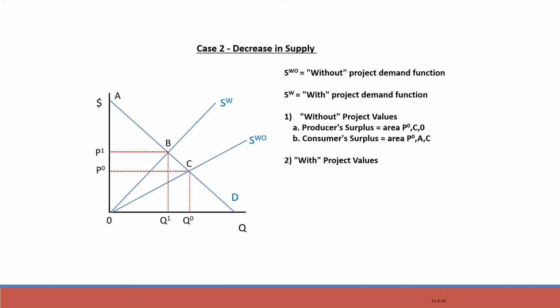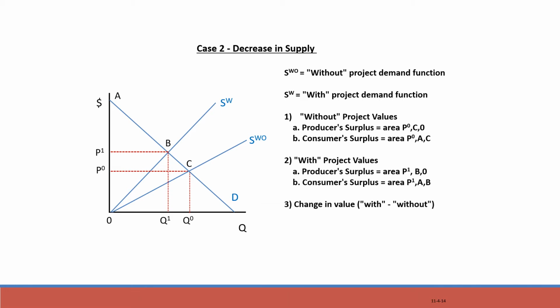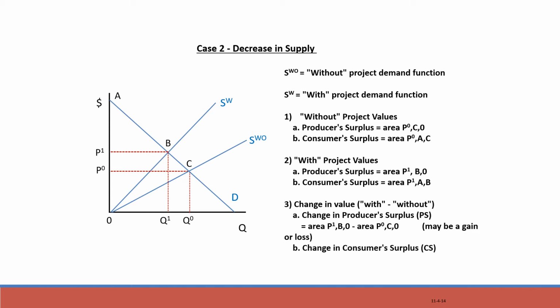The supply curve with and without the new policy gives us the change in producer and consumer surpluses. Change in value is the with minus without. Change in producer surplus is the area of P1BO minus the area of P0CO, which may be a gain or a loss.